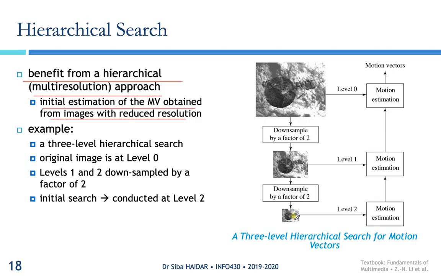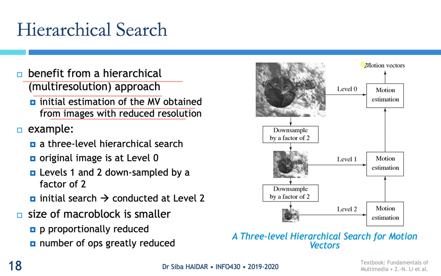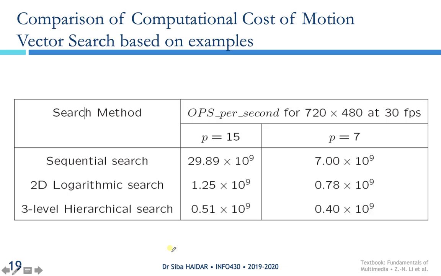And then you accomplish the initial search on level 2, and then you go up to search for the motion vector again and again. So the size of the macroblock is smaller, the P is proportionally reduced, of course, and the number of operations is greatly reduced.